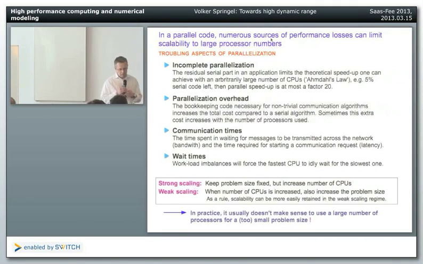Weak scaling, however, means that when you increase the number of CPUs, you also increase the problem size. This is often more relevant in practice, and it's much easier to achieve weak scaling. You can convince yourself. So basically, you're circumventing part of the restriction that Amdahl's law poses by using weak scaling.